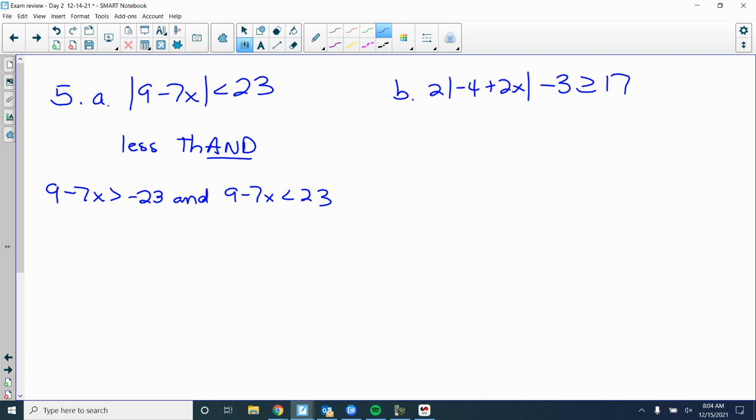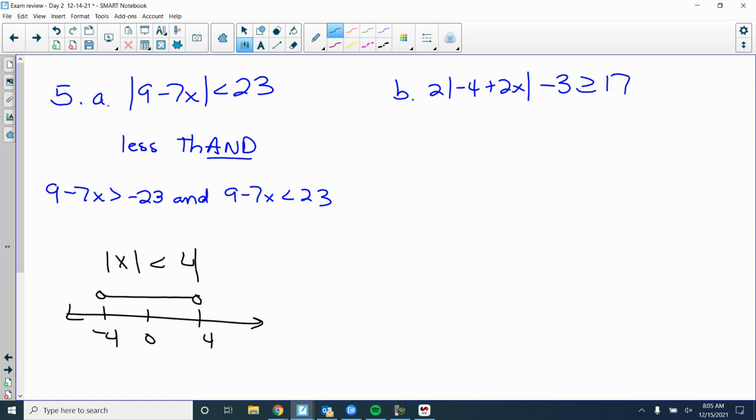It goes back to, and I'm going to put this up there and erase it in a second, if you've got the absolute value of x is less than 4. Just think about that. What numbers have an absolute value less than 4? Anything between -4 and 4, because the absolute value of -3 is going to be less than 3. Once you get past -4, then it doesn't work.